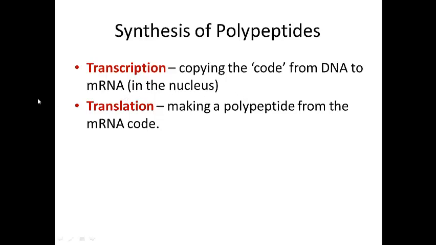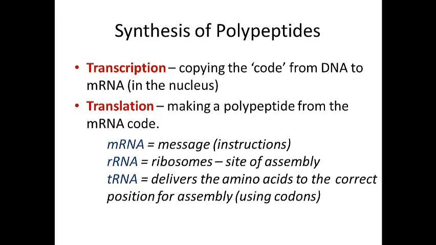The next stage is translation, and translation is making the polypeptide from the messenger RNA. And that's the actual assembly of all the amino acids in the correct order to make that particular molecule. When this occurs, we have three types of RNA molecules involved. The first is messenger RNA, and that is the instructions that come as a result of transcription.